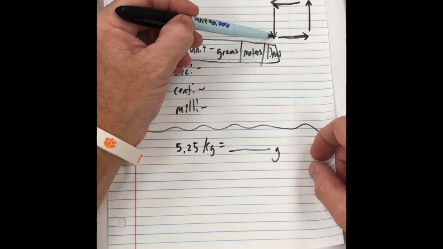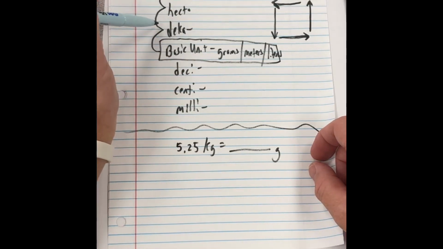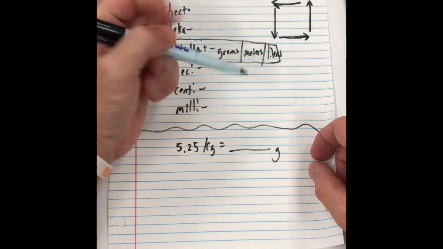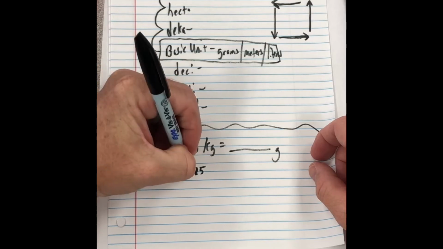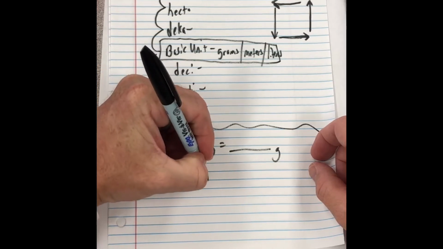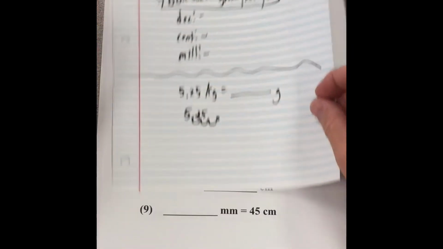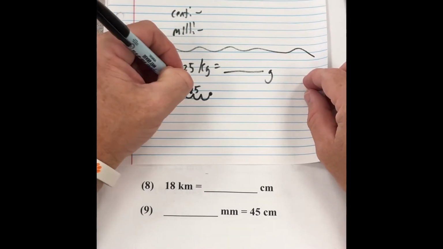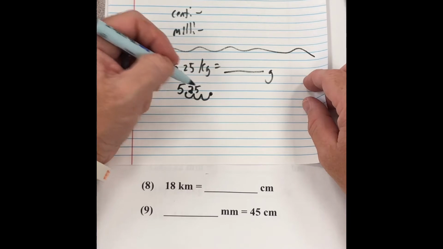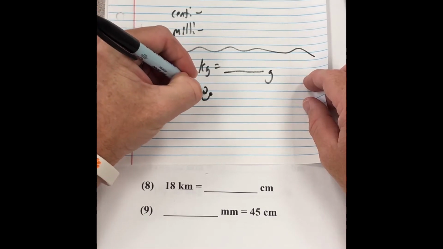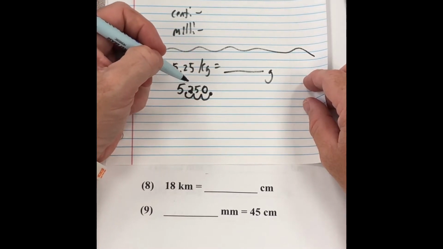You're going down the chart, so you're going to move the decimal 1, 2, 3 spaces to the right. So in 5.25, 1, 2, 3, and then you make your decimal. If you notice, I made loops here as well. That's because when you get finished moving your decimal, you want to go ahead and add in zeros for the empty loops.